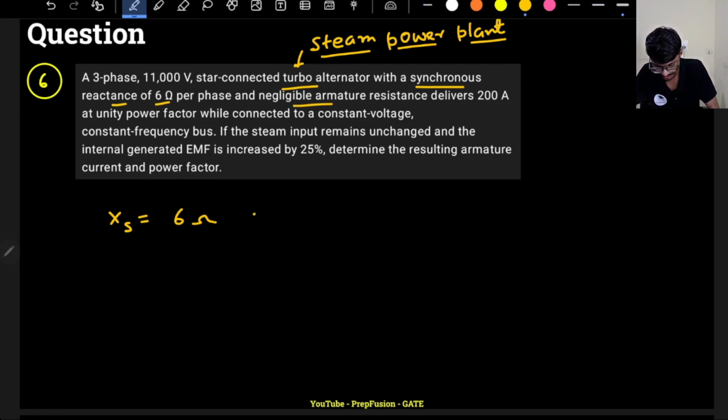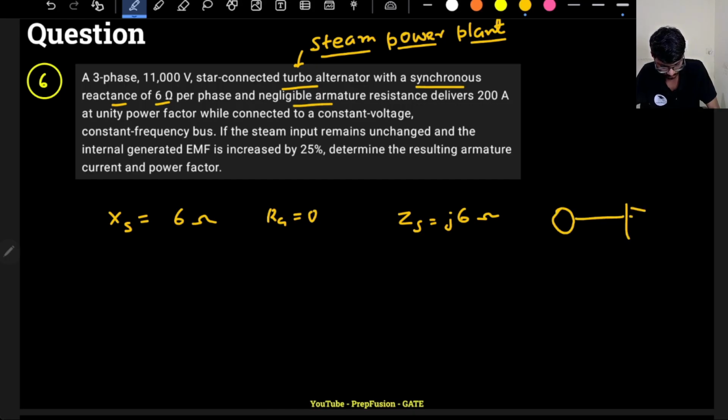So RA is 0, and my ZS is simply j into XS, j6.